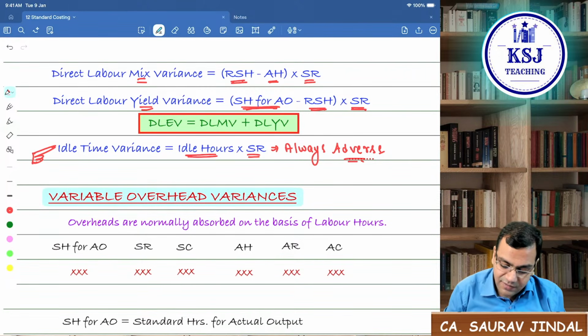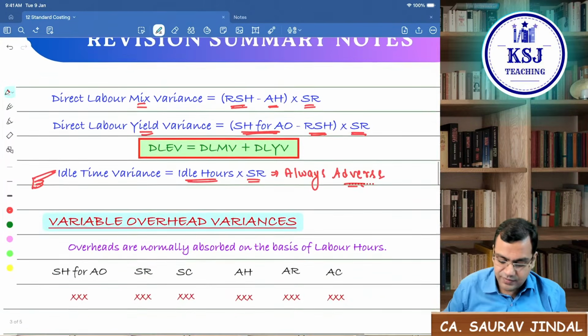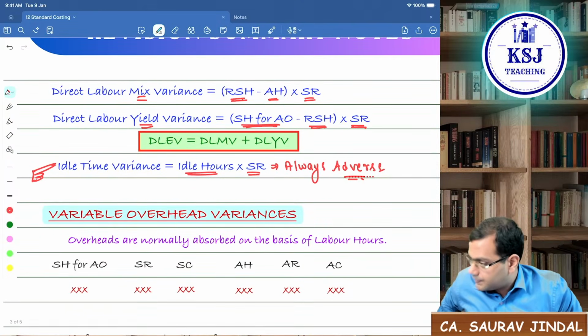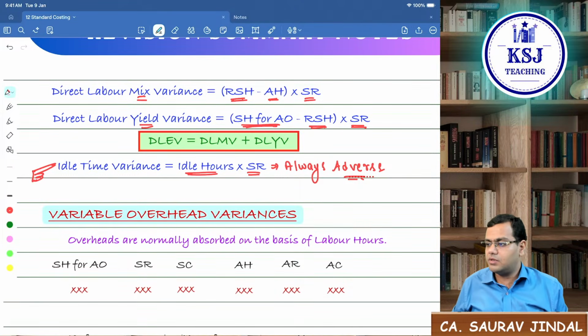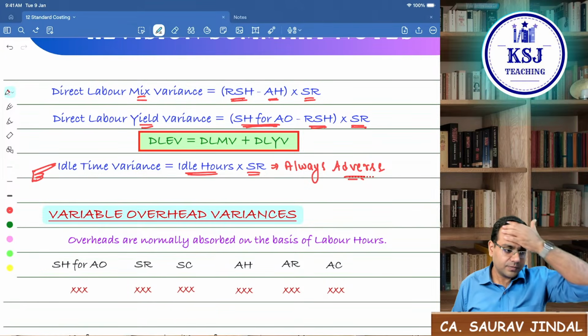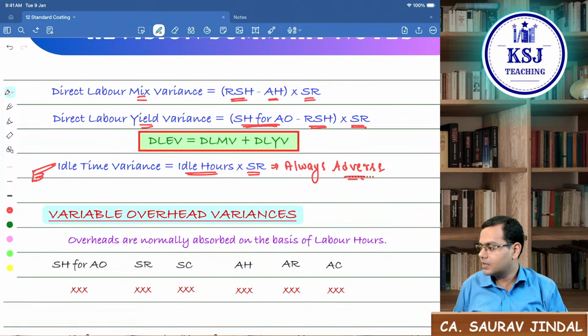Is it clear, guys? Please let me know about the labor variances.